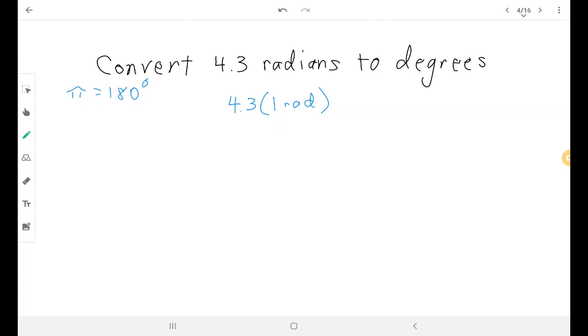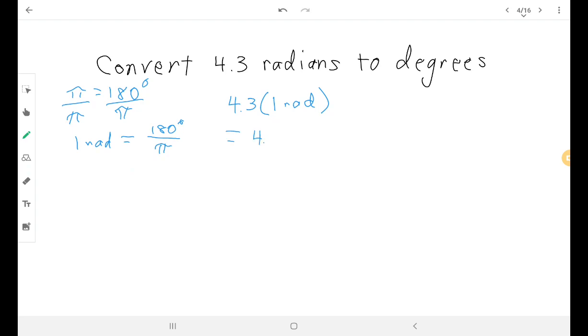So what I'm going to do is solve it for 1 radian. I'll divide by pi, and this will be 1 radian equals 180 degrees over pi. And then I will substitute it in there.